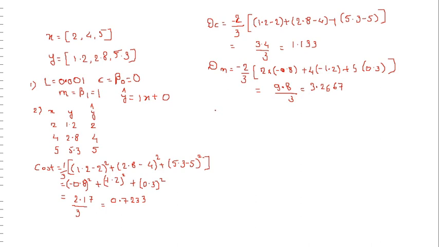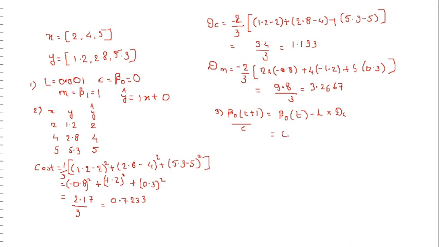Now in our third step, we need to update the values, right? So the new value of beta 0, which I denote using t plus 1, equals the older value of beta 0. Beta 0 means only C, right? So the older value of beta 0 minus the learning rate multiplied by DC. Let us do it. What is my older value of beta 0?